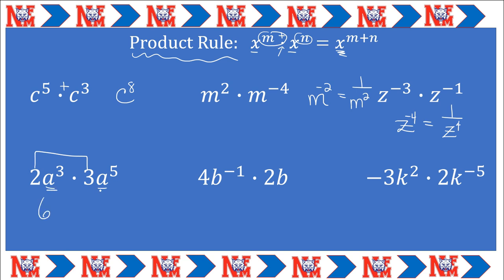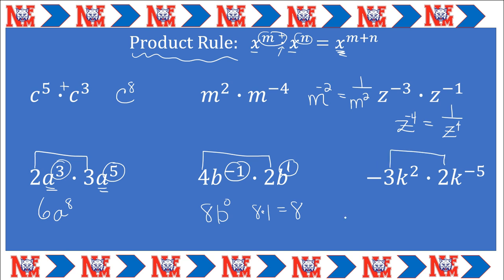Then we have a base of A, and we add exponents, and we get 8. Our next one, we have 4 times 2, which is 8. Our base is B, and we're going to add exponents, and we get 0. B to the 0 is 1, and then just 1 times 8 is just 8.